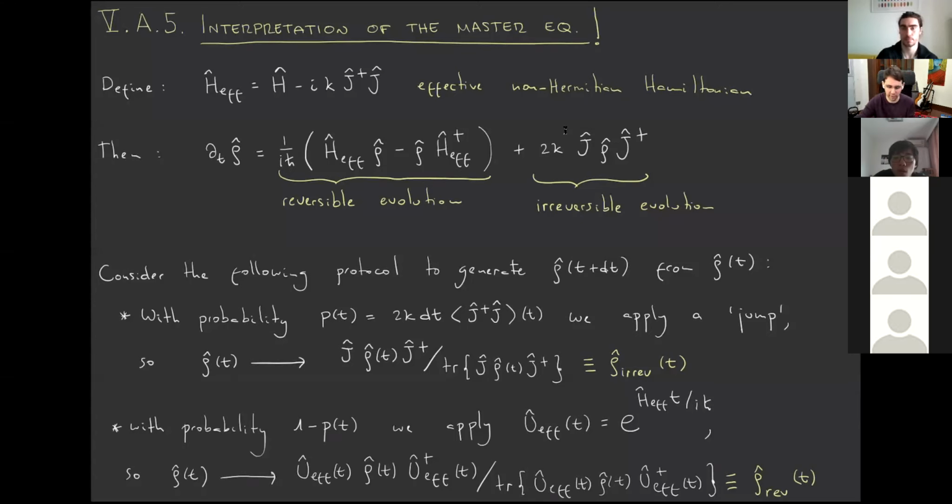And what is the irreversible part of the state? It is the quantum jump applied on rho, divided by the trace of this. But what is the trace of this? Let me go back here. Because I have the cyclic property of the trace, I can bring this j dagger to this side, and then I get the trace of j dagger j rho. But that's precisely the definition of the expectation value of j dagger j.